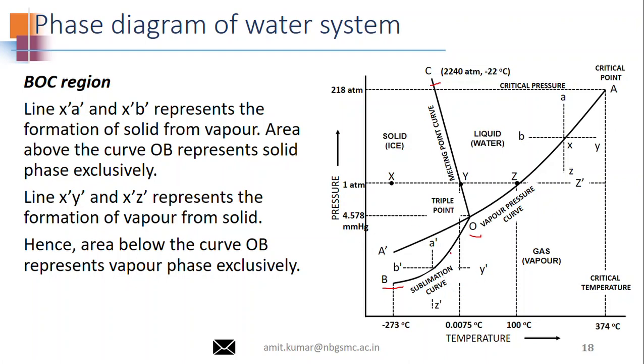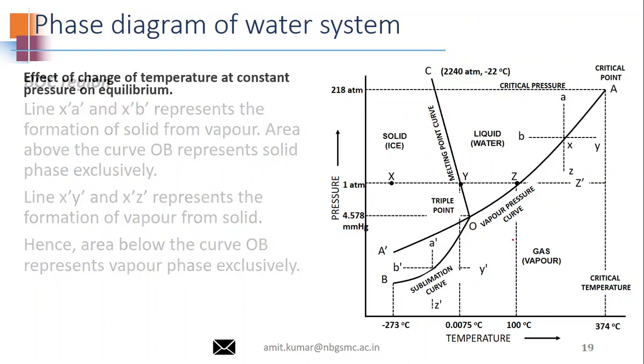Hence below this curve there is the presence of gas only, and above this curve we have only solid, and that is why this is called the sublimation curve. That means the solid is either directly converted into gas or the gas is directly converted into solid. So this is the phase diagram of a water system.